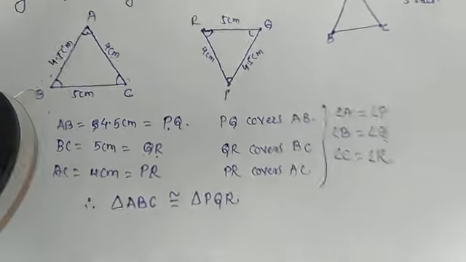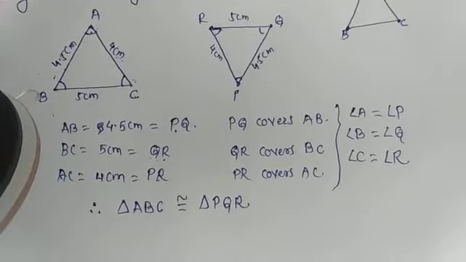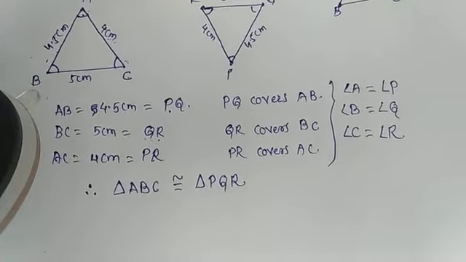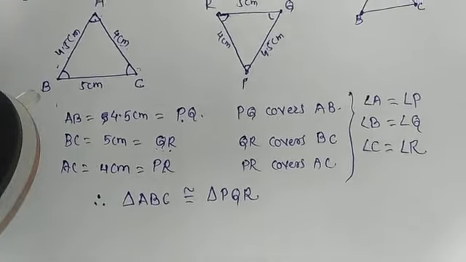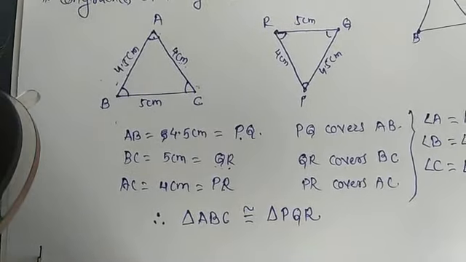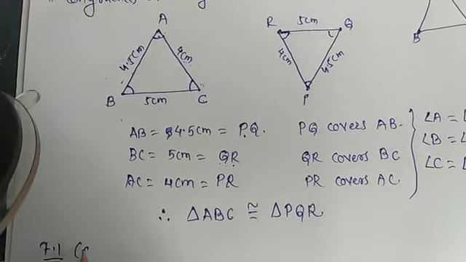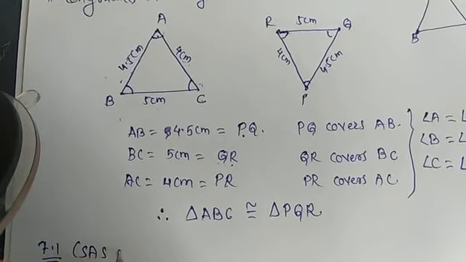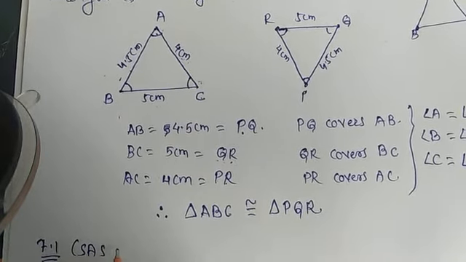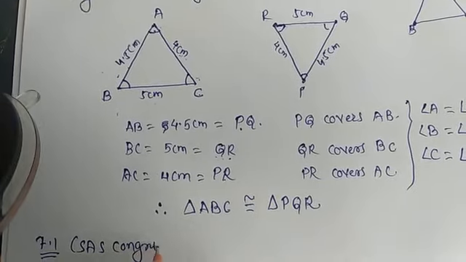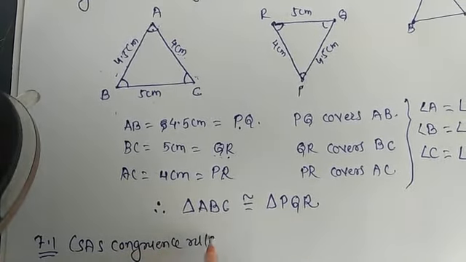Now in this chapter, the first axiom is SAS, axiom number 7.1, which is the SAS congruence rule.